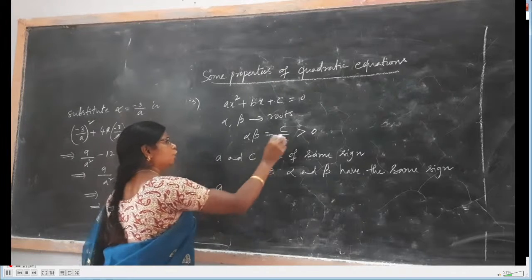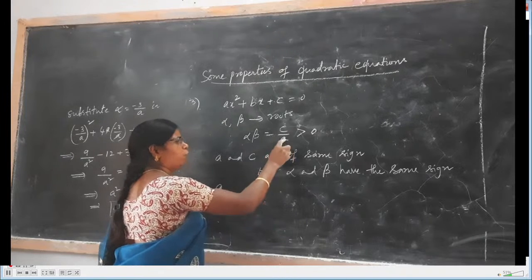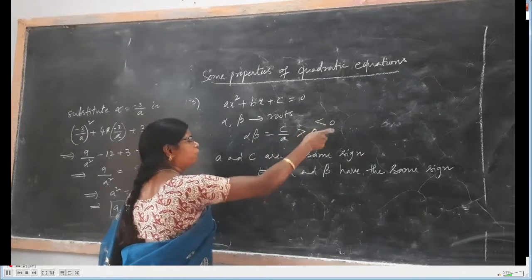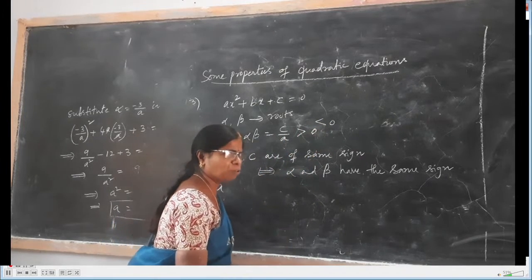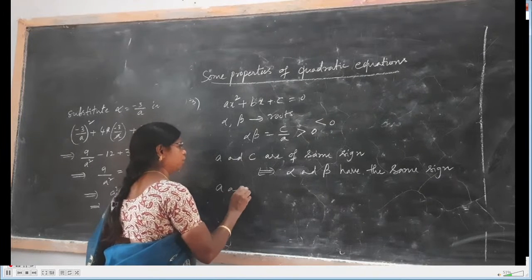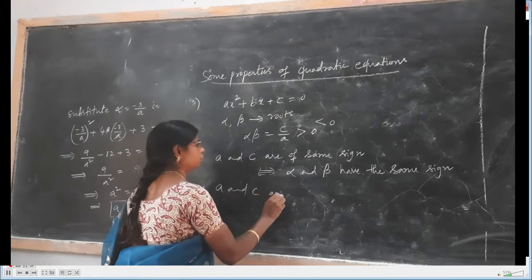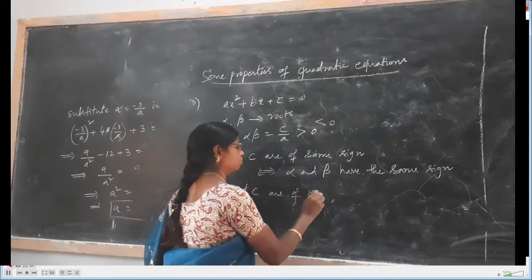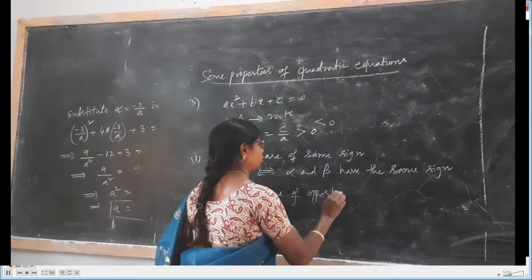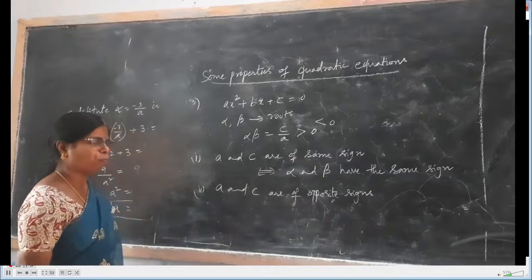సో సిమిలర్లీ ఇప్పుడు ఏ సిలు డిఫరెంట్ సైన్స్ ఉన్నాయనుకోండి, ఒకటి ప్లస్ ఒకటి మైనస్ అయింది అనుకోండి, అప్పుడు ఏమవుతుంది, ఇది నెగిటివ్ అవుతుంది, లెస్ దాన్ 0 అవుతుంది. లెస్ దాన్ 0 అయితే ప్రోడక్ట్ ఆల్ఫా బీటా నెగిటివ్ ఎప్పుడు అవుతుంది, ఒకటి పాజిటివ్ ఒకటి నెగిటివ్, అంటే they are of opposite signs. ఓకే, దట్ ఐ యామ్ రైటింగ్. ఇది ఫస్ట్ కేస్. సో A and C are of opposite signs.